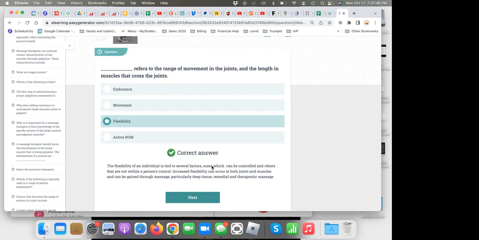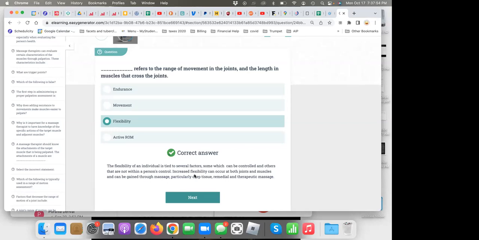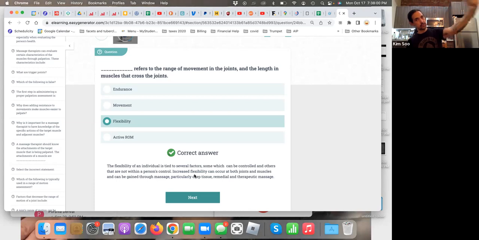Flexibility is tied to several factors, including both the joint and the muscle. And then active range of motion is actively extending and flexing the joint. That's active range of motion.